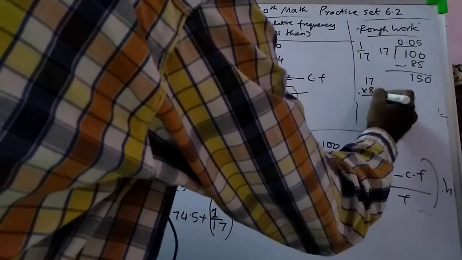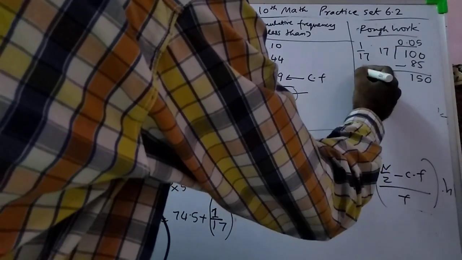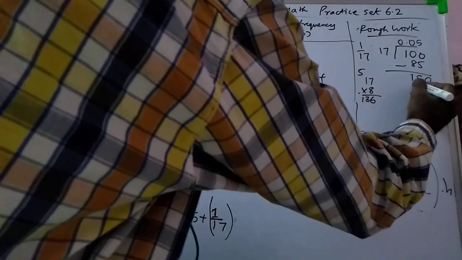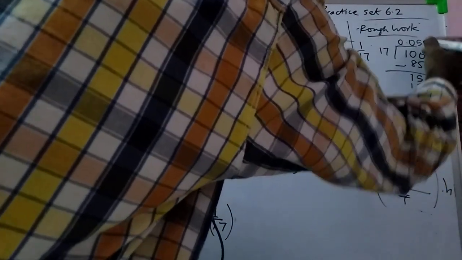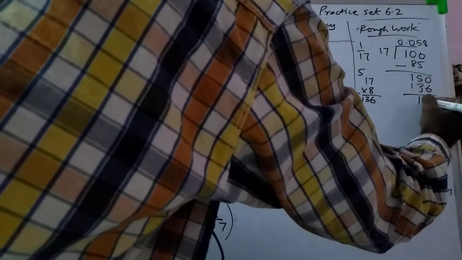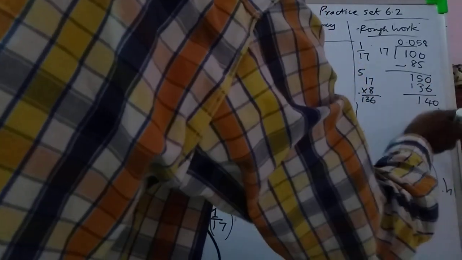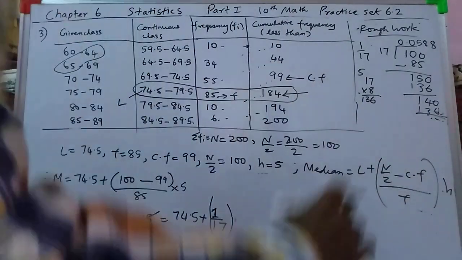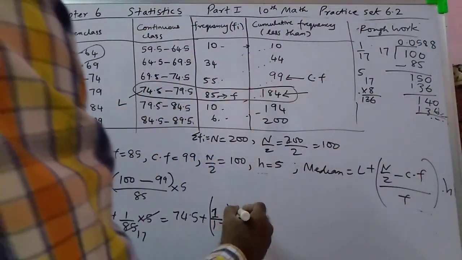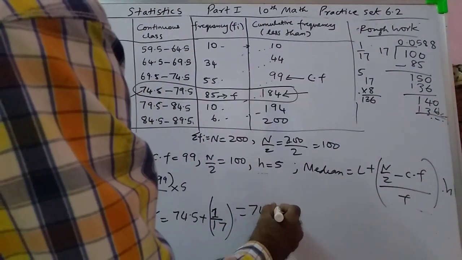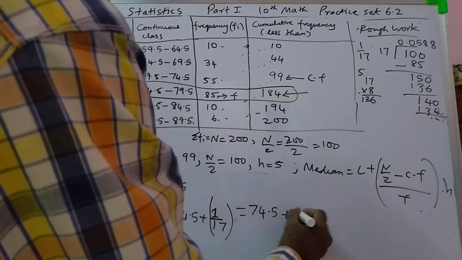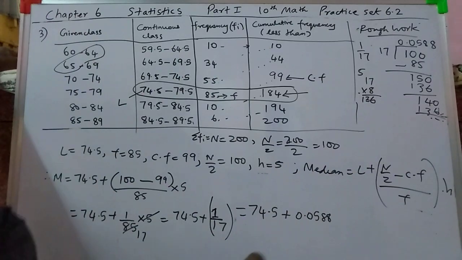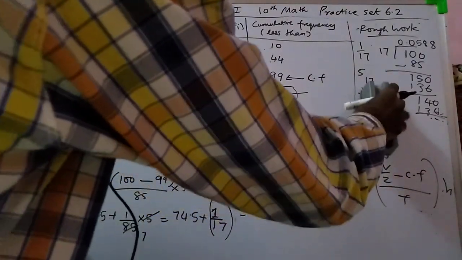It will go on like this. Write it here. That will get 74.5 plus 0.0588. That we add here.